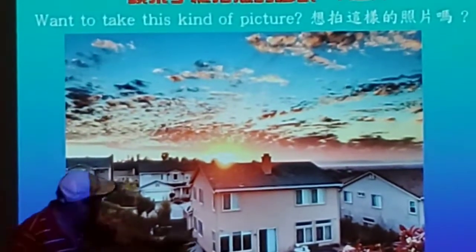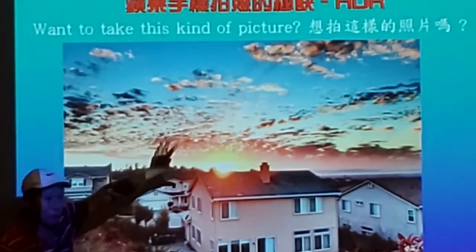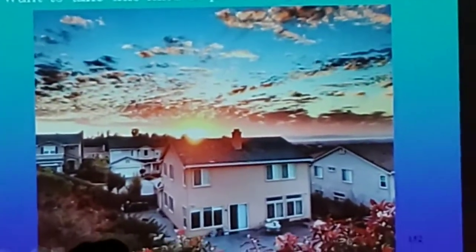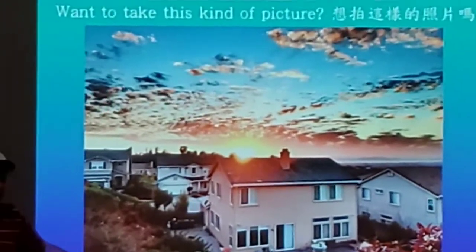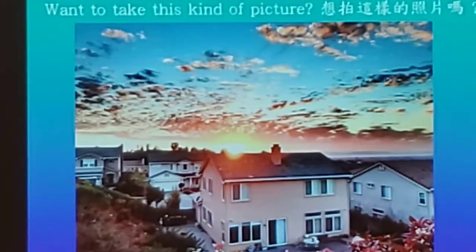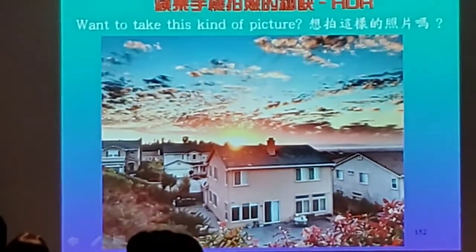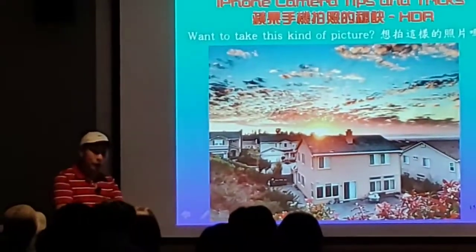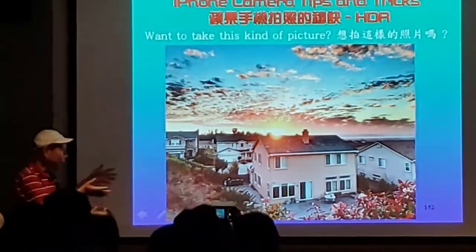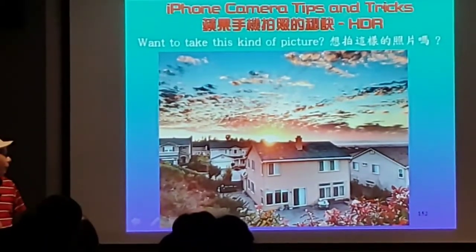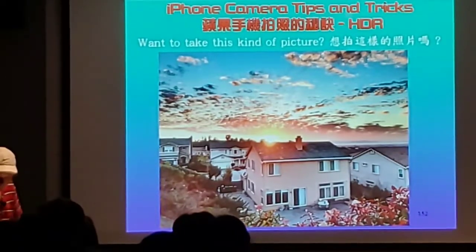See, you can see all this brightness and a very beautiful cloud. With a cell phone, it's very easy to take this kind of picture. But with a normal camera, you have to do a lot of work. In regular HDR, you have to either take several pictures and stack them up, or use the HDR function to take several pictures, and then you put them in Photoshop to merge them, and then produce the final picture. So there's a lot of post-production work, but with a cell phone, it's very easy, very simple.